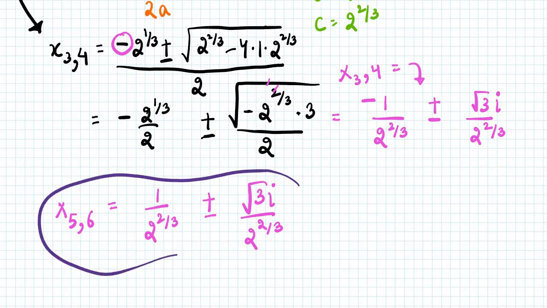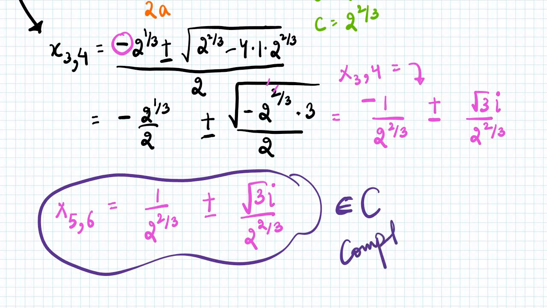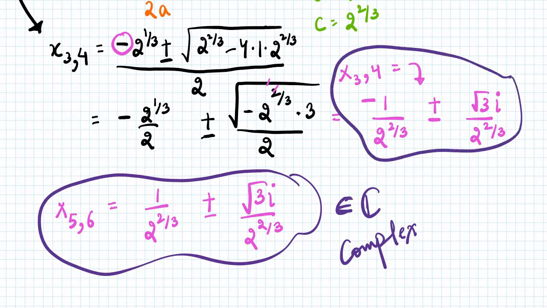these 2 x's, which belong to, I hope you know this is the belongs-to sign, complex numbers. And again, these 2 x's, which have iota, again belong to complex numbers.